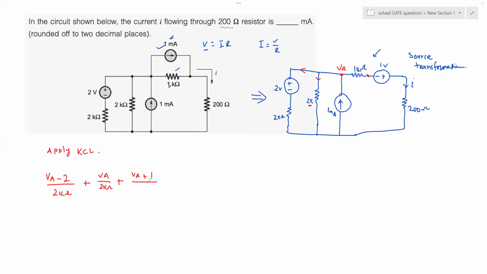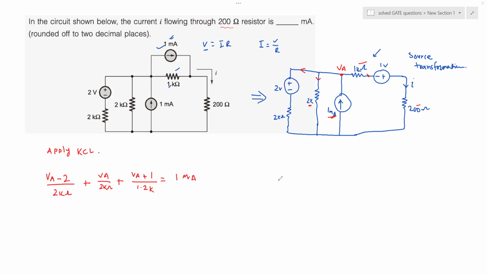So 1K and 200 ohms is a series combination of resistance, and this is equal to the 1 milliampere current source.